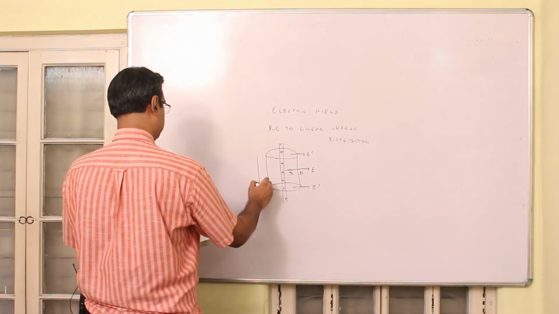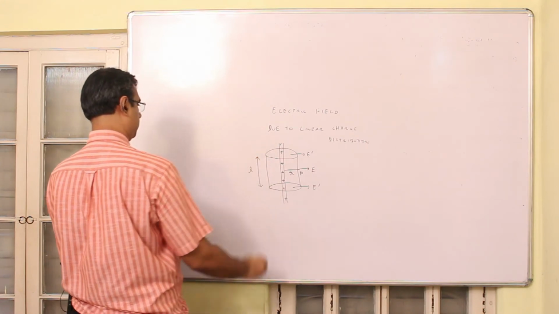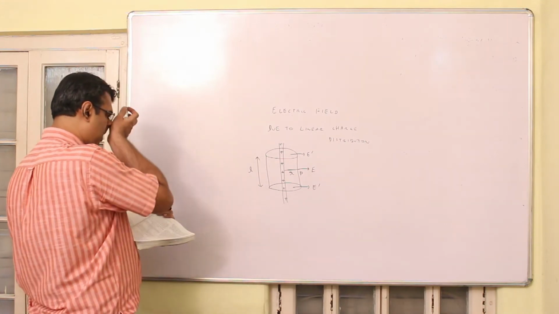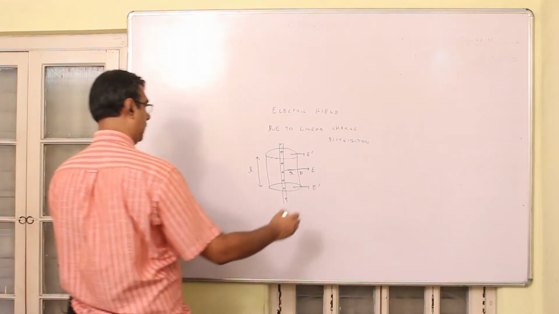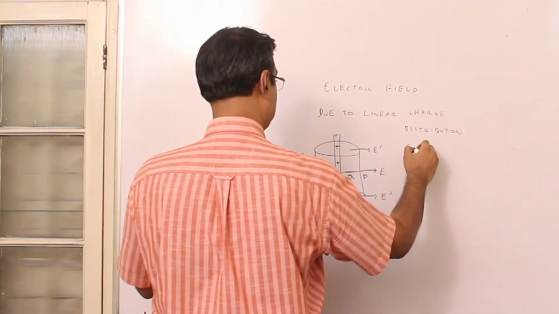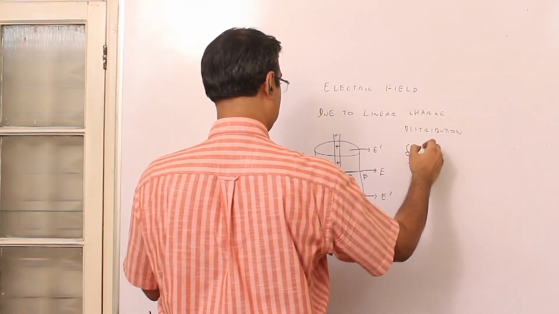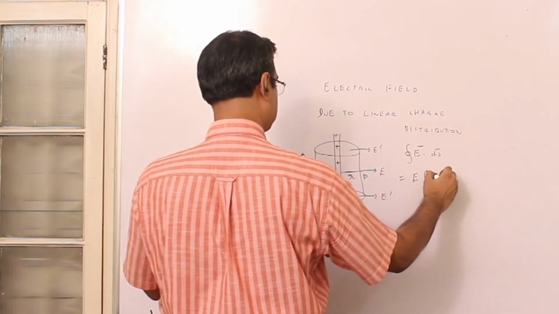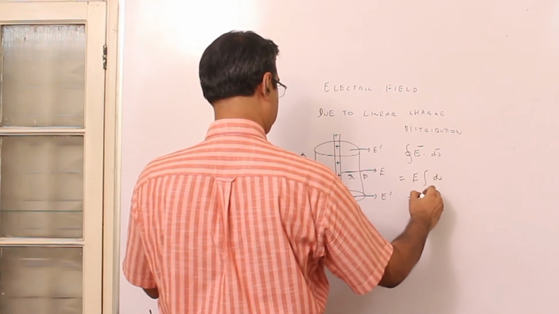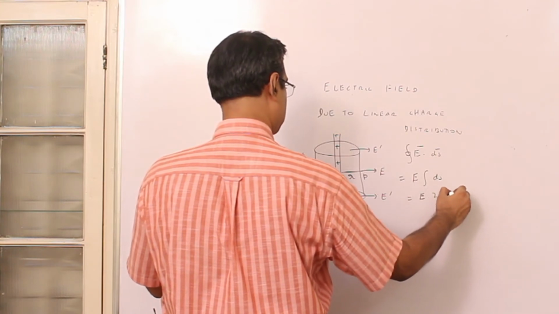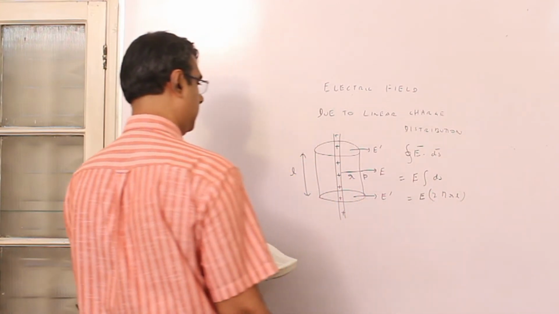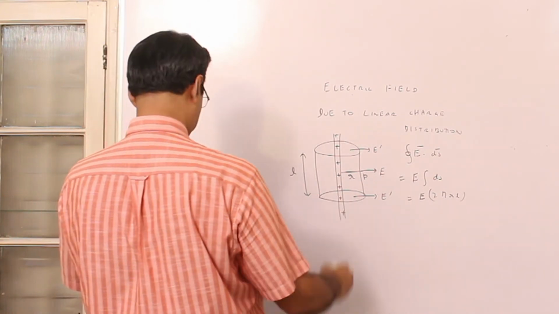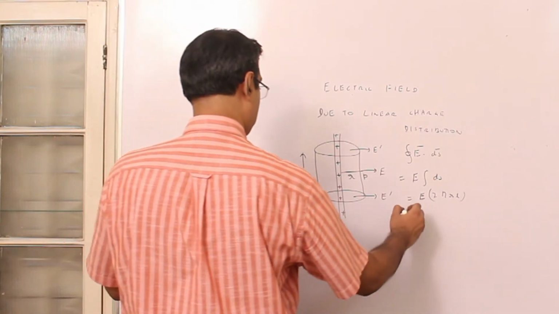Now this cylinder must have a length L. Suppose L is some arbitrary length. If you look at this diagram, then the flux of the field will be given by E into integral dS, that is E into 2 pi rL. This will be the flux of the field through this cylinder.